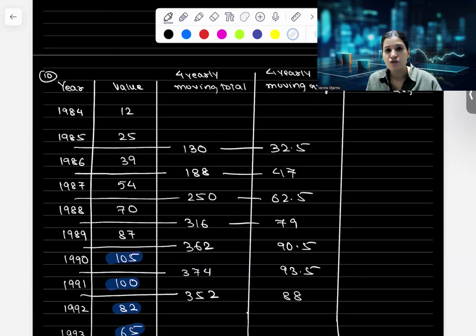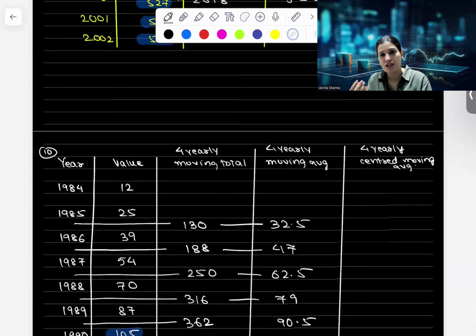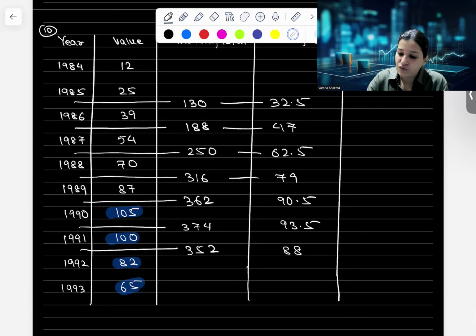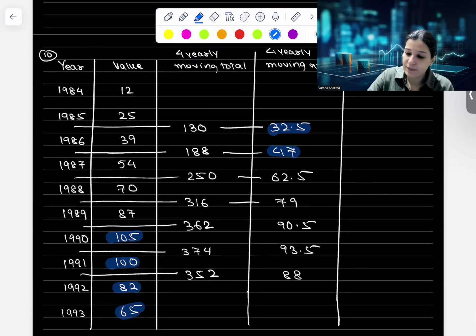It's hanging. So what we do is in every even year, even in 6-year moving average, we'll be doing that. We will find centered moving average. That is average of 2 observations. Always. So find the average of 32.5 and 47, add and divide by 2.